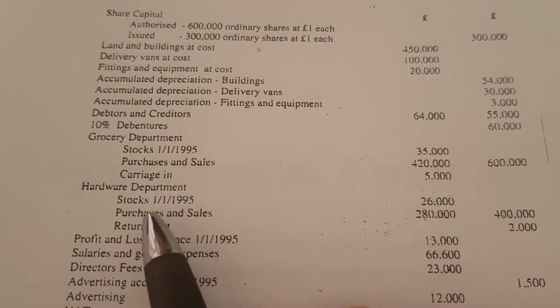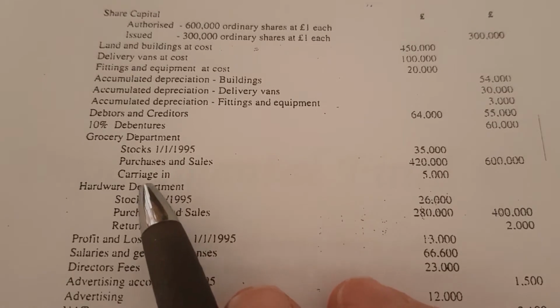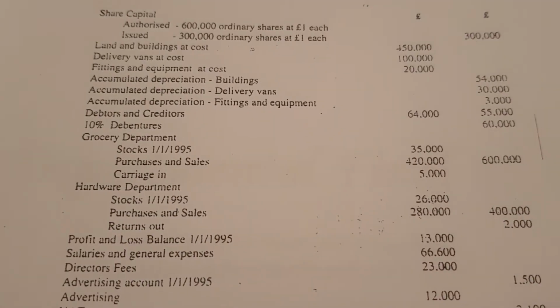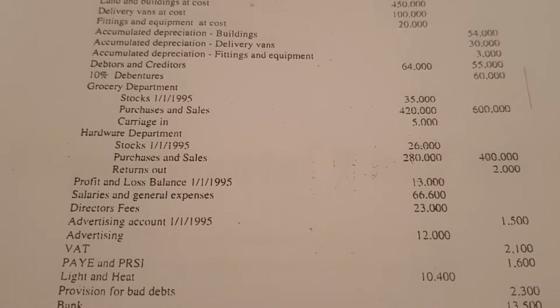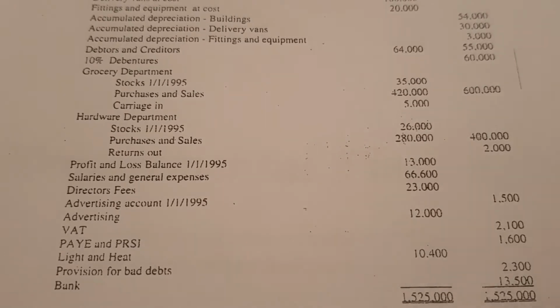And with the hardware department, you have opening stocks, purchases and sales, and your returns outward. So they're just examining you on these two separate things, carriage and returns outwards, which you're very familiar with. Other than that, the question appears the very same as normal trial balances would be.